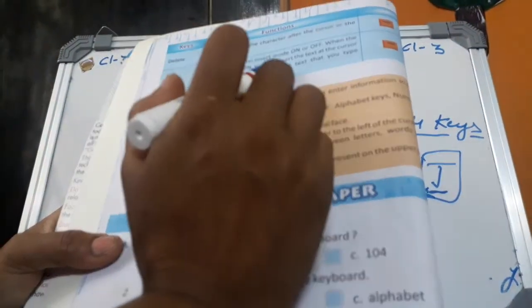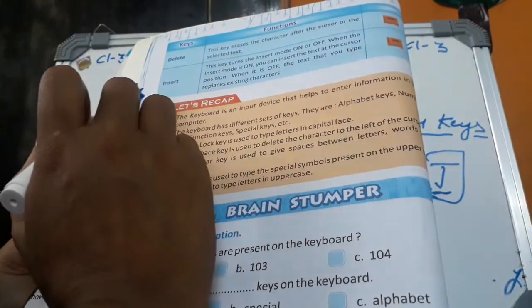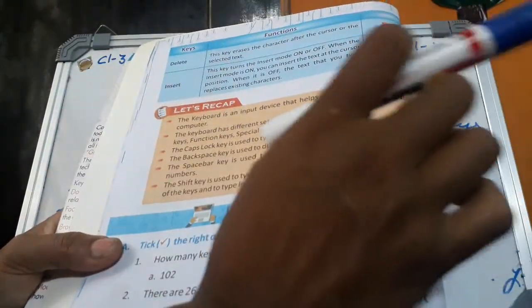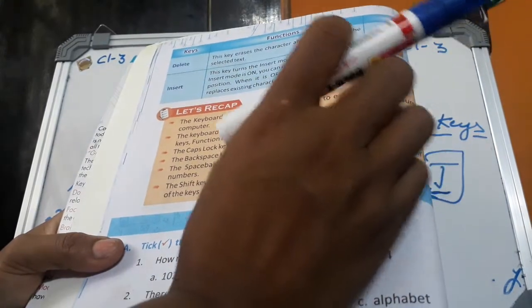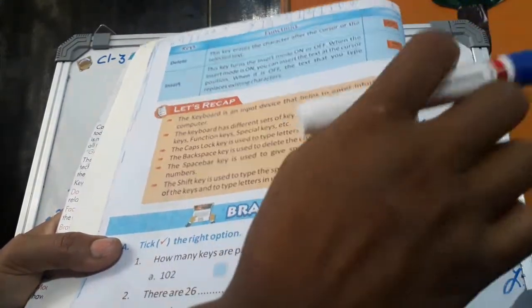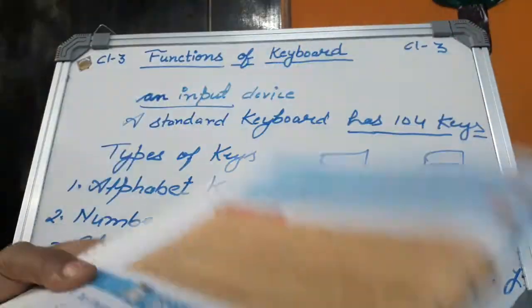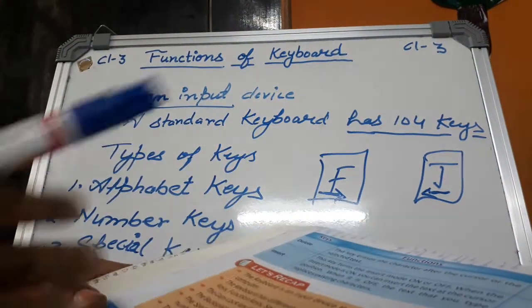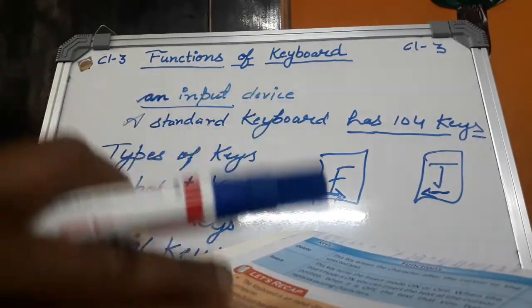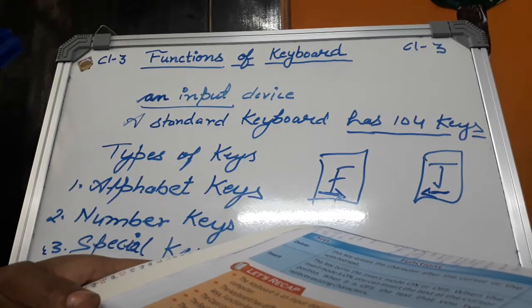And when it is off, we can replace this word or text with the help of the insert key. We replace the characters with the help of the insert key.